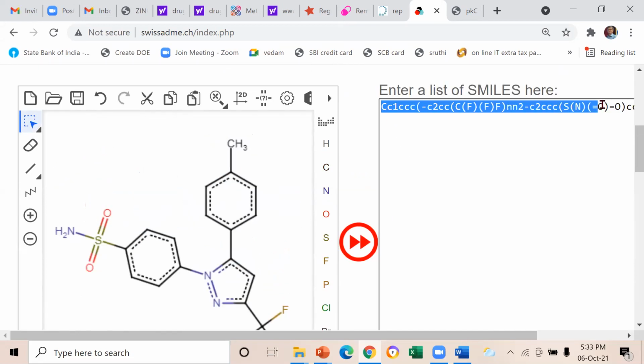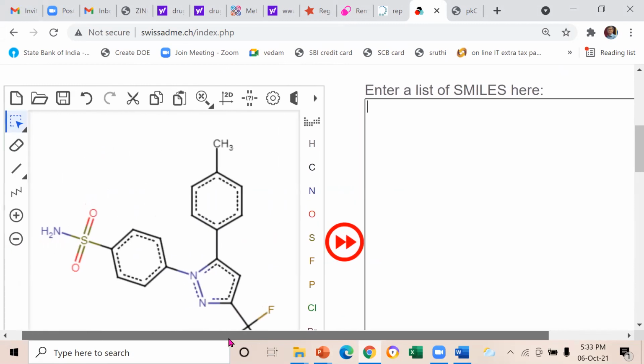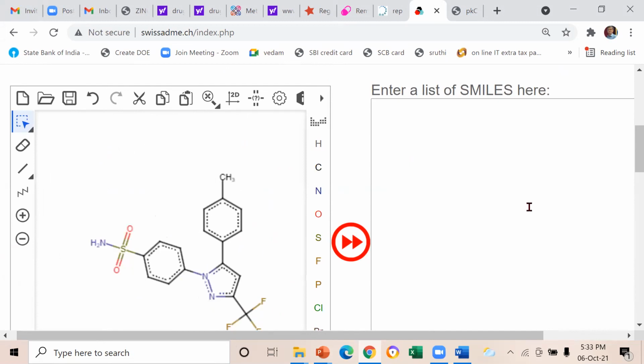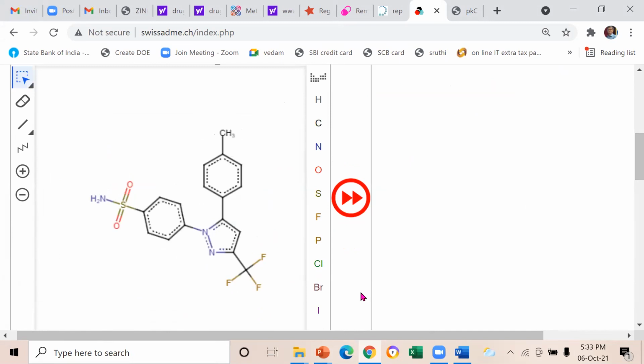Imagine I'm a medicinal chemist, so I think I will do some modification to the structure and see whether I'm going to change something. Instead of fluorine, can I put chlorine? So I can do this, convert that into SMILES, run that new molecule, and see how the properties change.